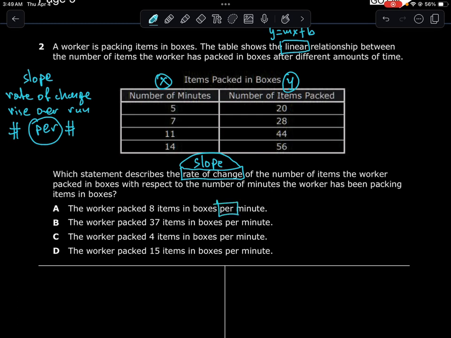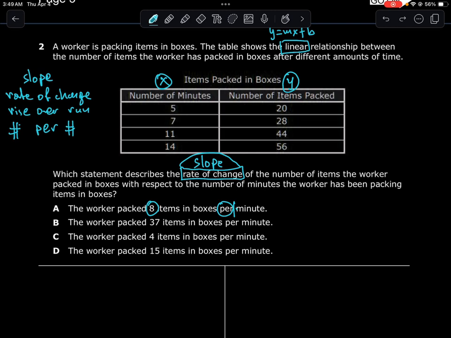It's in the answer, so that's another indication that we're talking about a slope. But what is the slope in A? It says 8 per minute. That means per 1 minute. 8, the number that comes before the "per", is the rise. The number that comes after the "per" is the run.